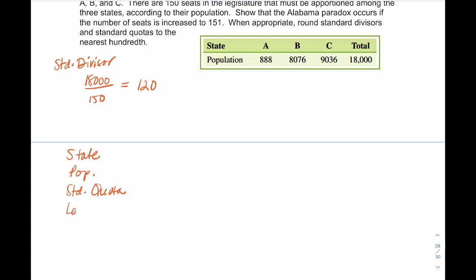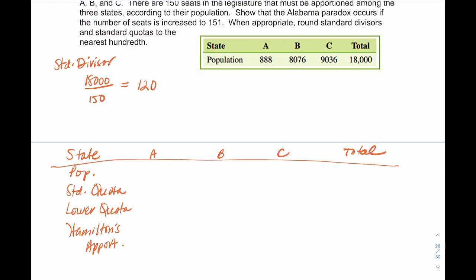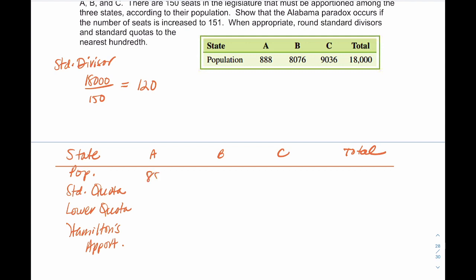We're going to look at the lower quota, and then Hamilton's apportionment. So our states are A, B, C, and then we have a column for total.